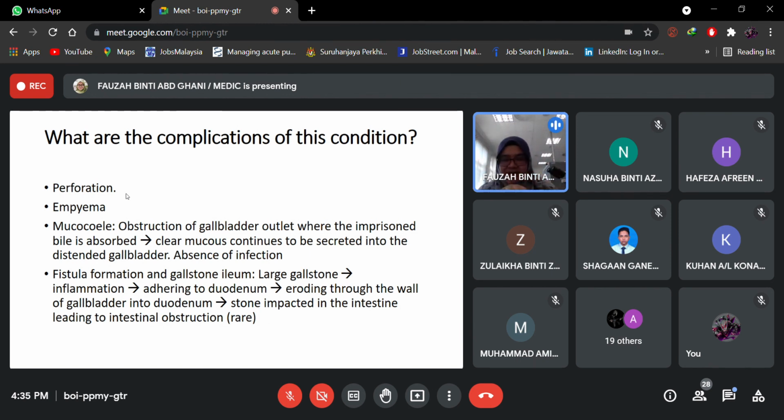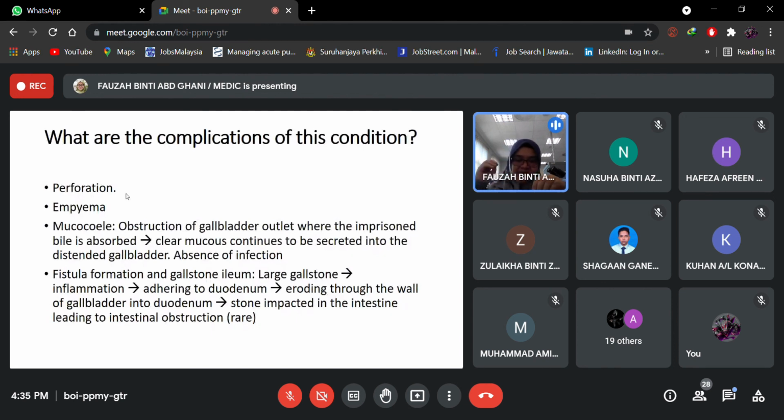In this case, the gallbladder and the small intestine or the ileum. When it adheres, it erodes through the wall from the gallbladder through to the ileum or the small intestine, or duodenum.